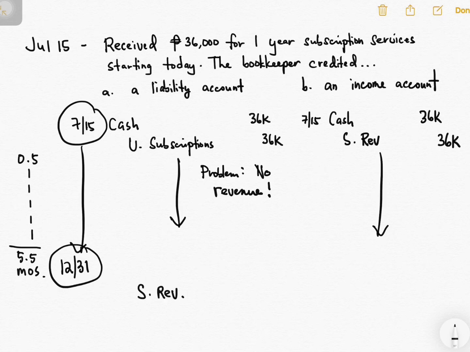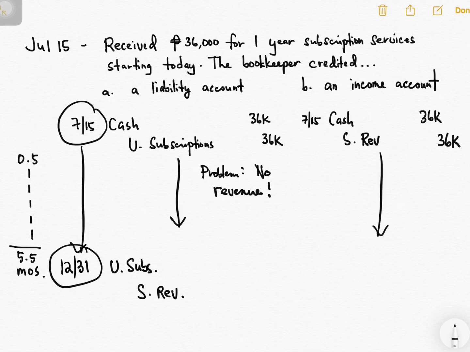And since you are earning, you get to reduce the obligation, right? You have unearned subscriptions, that's an obligation. But since you are already doing it, you get to reduce it. So the debit here is unearned subscriptions. This is the pro forma of the adjusting entry: debit unearned revenue, credit revenue.